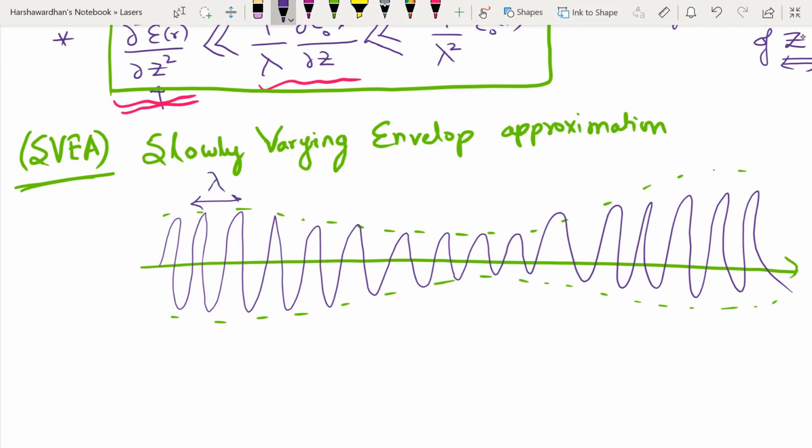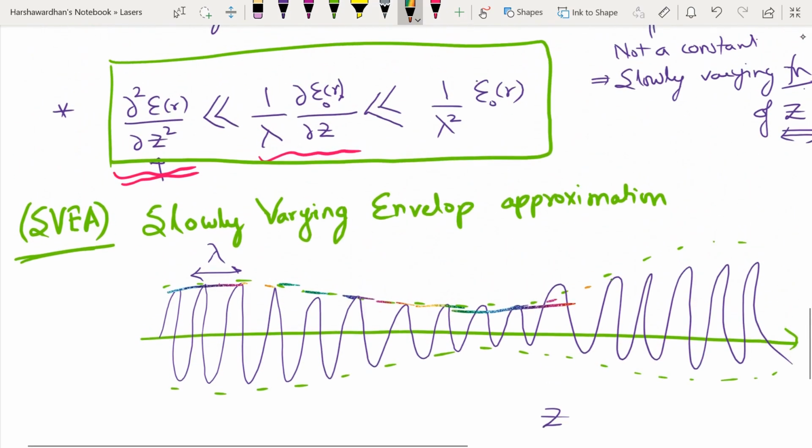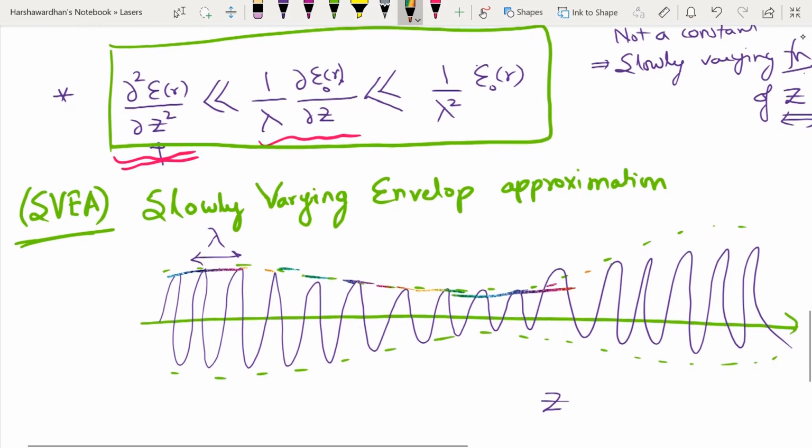This is along my propagation direction, and the variation, if any, is extremely slow, that is, across tens, hundreds, thousands of lambdas. I've just exaggerated the variation here, but I hope you get the point. What one is saying is that this amplitude variation is extremely slow in comparison to the propagation scale, which is lambda itself. So given such an approximation, what is the consequence of this on the electromagnetic wave?